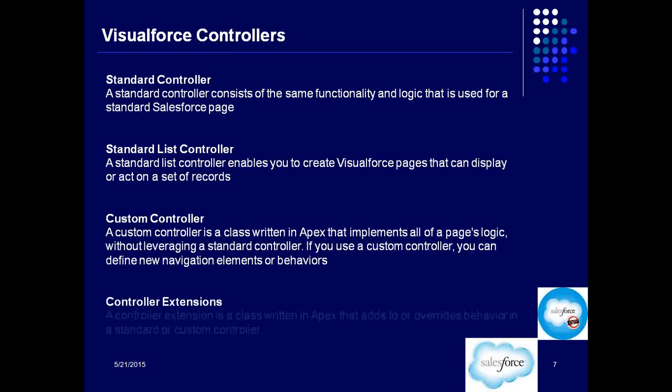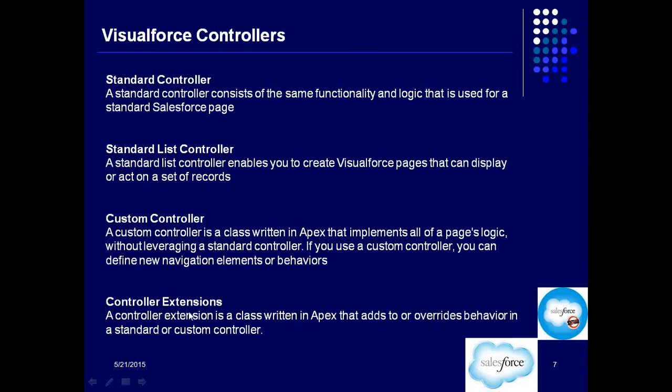Then there's another thing, controller extension, the fourth type of controller. The controller extension is a class written in Apex that adds to or overrides behavior in a standard or custom controller. So this controller extension acts as an extension of the controller, which means if you are using a standard controller and you want some of your custom logics to be used there, then you can use a controller extension.